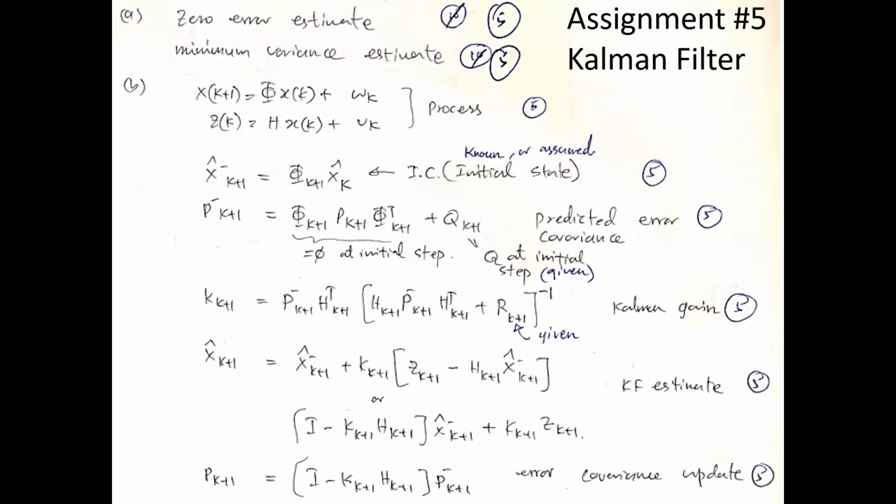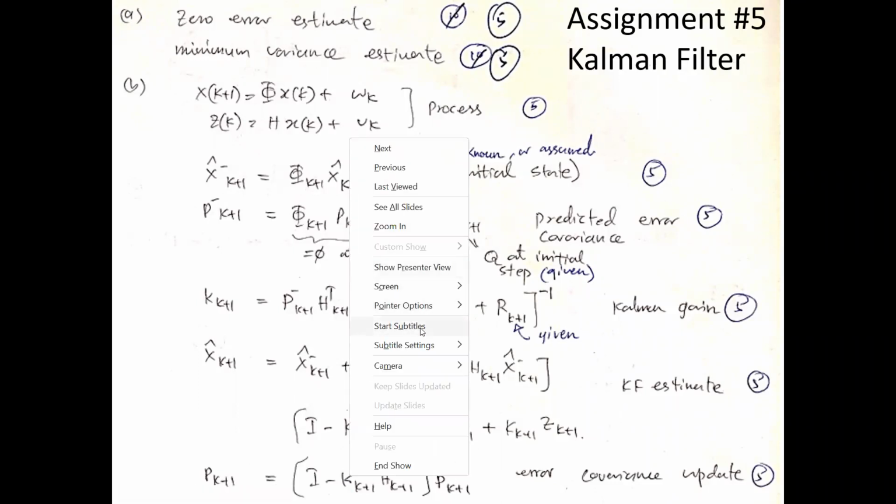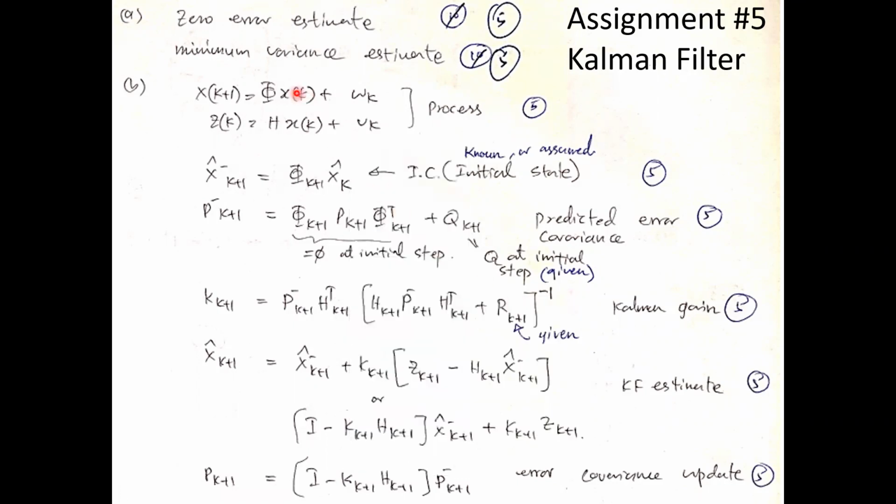The first one, actually, is not a step, it is a process. You need to have the process identified in terms of its discrete state space model: x_k+1 = Φ x_k + w_k, where w_k is the disturbances to the plant or unmodeled dynamics, the actual motion that is not modeled.